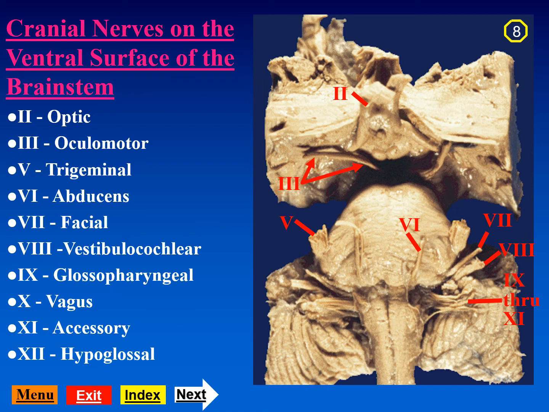The spinal accessory arising from the spinal cord cannot be visualized in this because it is probably still back in the cranial cavity. The 12th cranial nerve arises and emerges between the two elevations, the pyramid and the olive. We have fragments of those that are maybe visualized here.